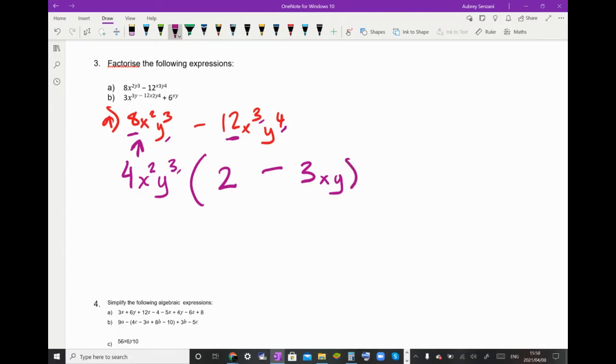And then obviously that would solve our problem, because if we times this 4x to the power 2 and then y cubed, we can then get this 12 x to the power 3, and then y to the power 4.